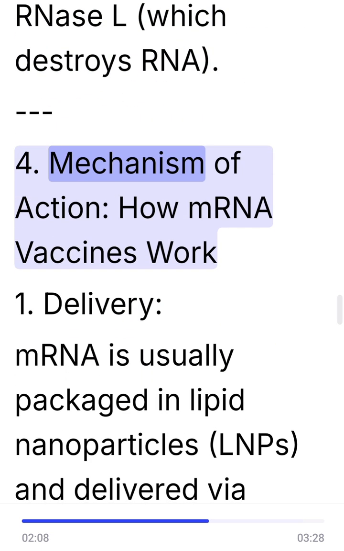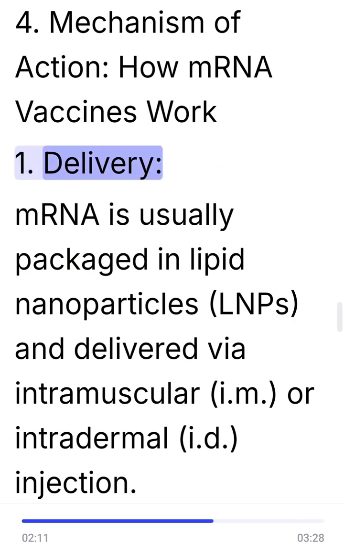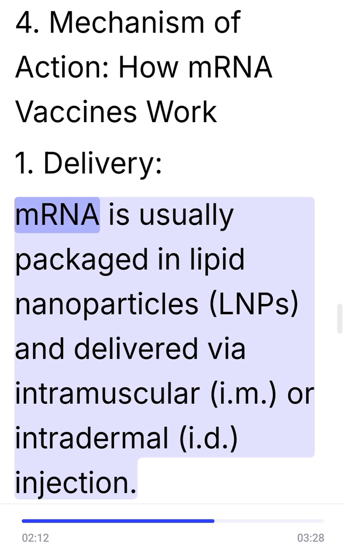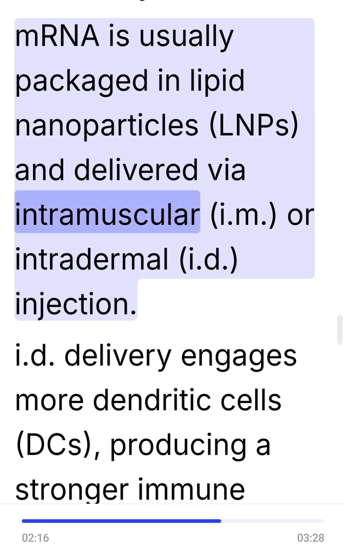4. Mechanism of action: how mRNA vaccines work. 1. Delivery. mRNA is usually packaged in lipid nanoparticles, LNPs, and delivered via intramuscular, IM, or intradermal, ID, injection.